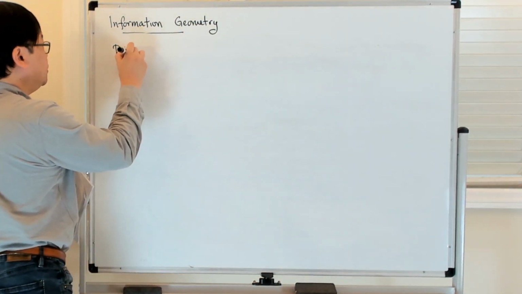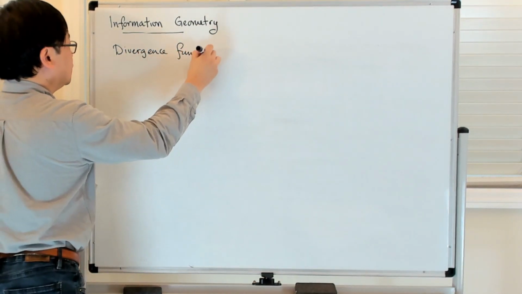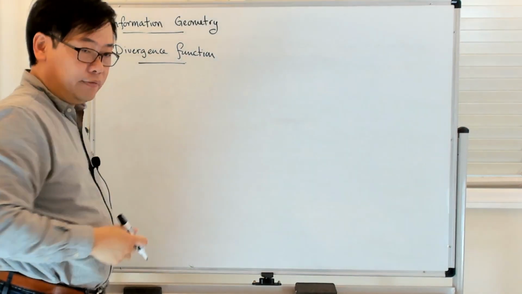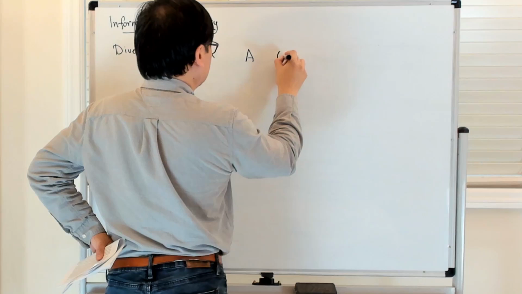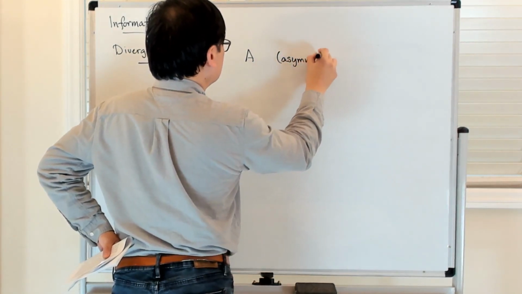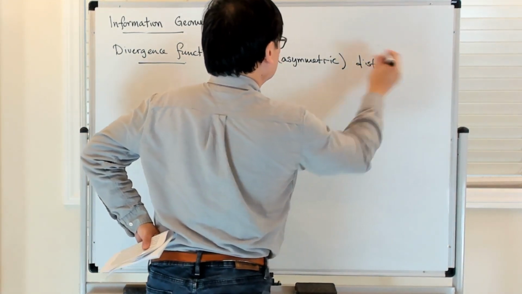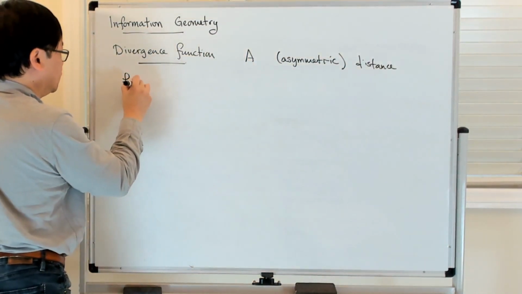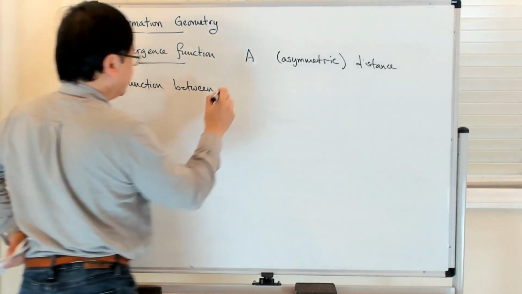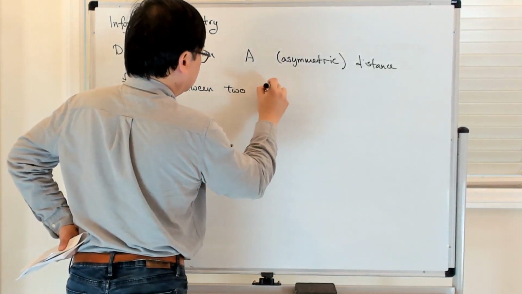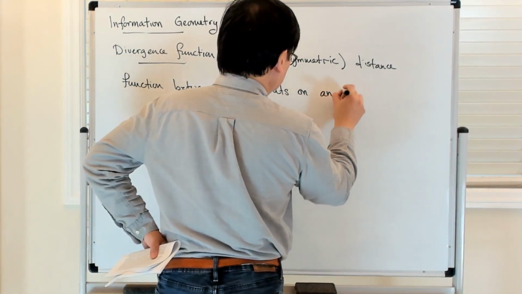So there's going to be this idea of a divergence function. And one way intuitively to think about a divergence function is that it's sort of a possibly asymmetric distance function between two points on an information manifold.